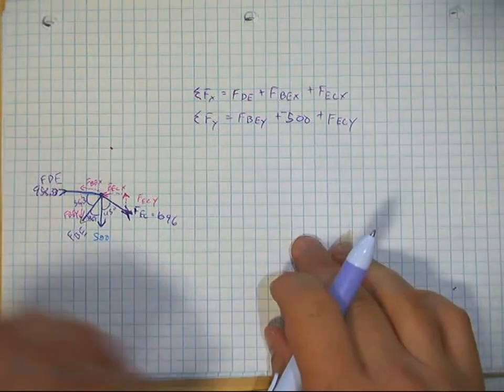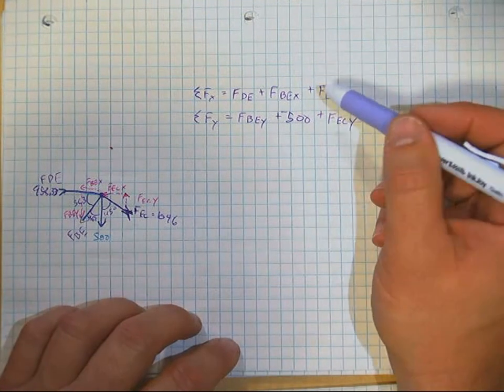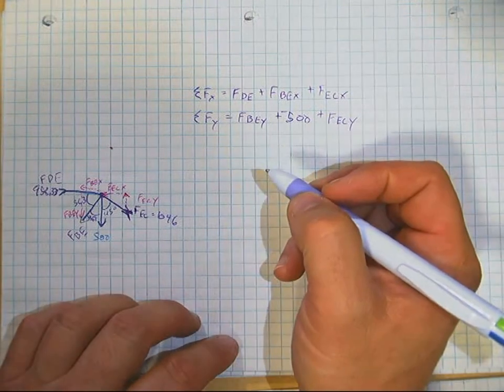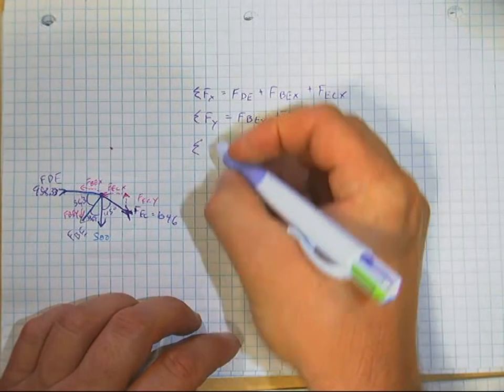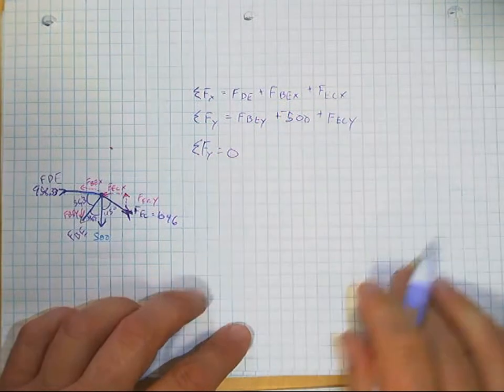Because we know these values, we can start with either one at this point. It doesn't really matter. We're going to start with the y just because that's what we've been doing. It's going to equal 0, right?